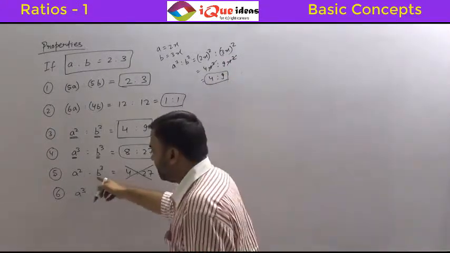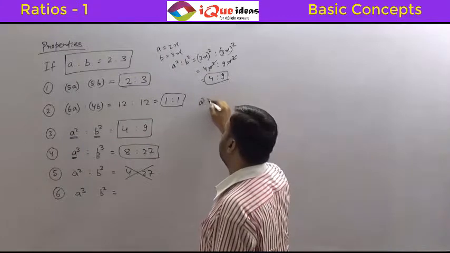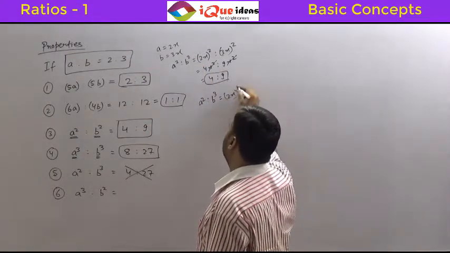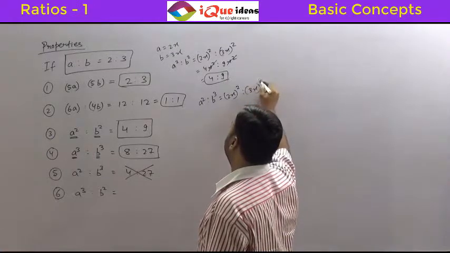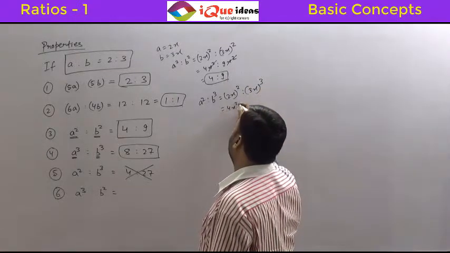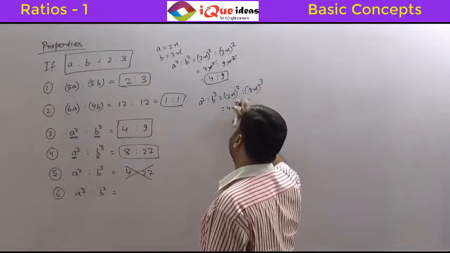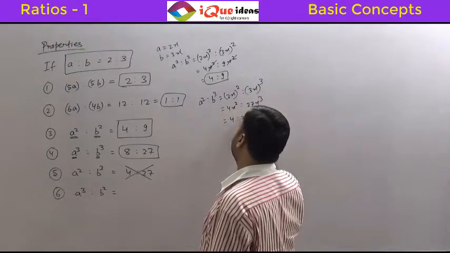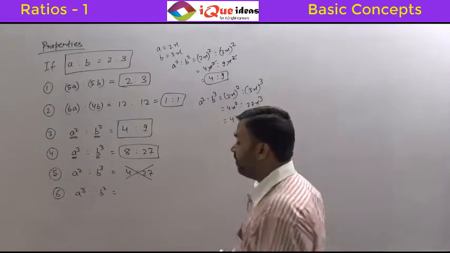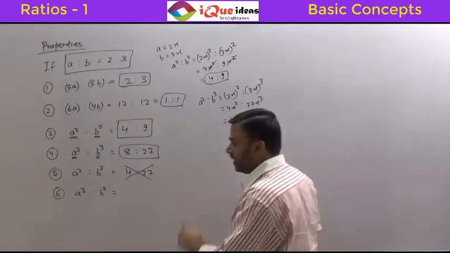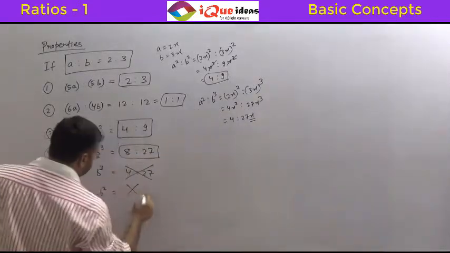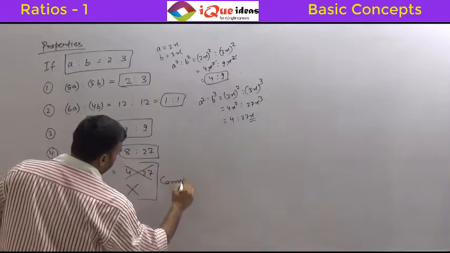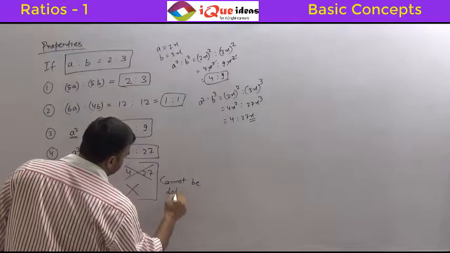Whereas if the powers are different, let's say A square is to B cube, then (2x) square is to (3x) cube, so we get 4x square is to 27x cube. That means we get 4 is to 27x. Do we know x? No, we don't know. That means we cannot calculate these situations. What do we say? Cannot be determined for both these cases.